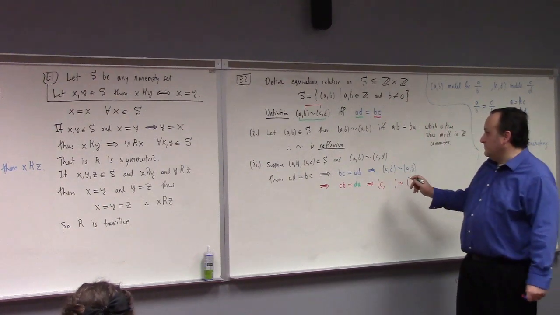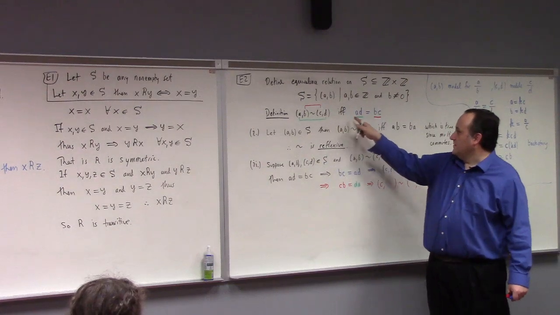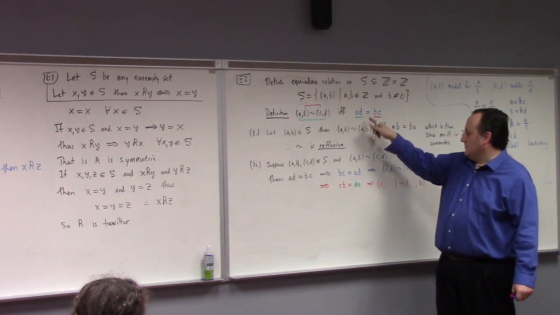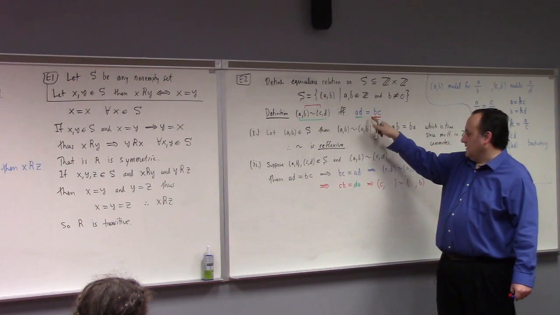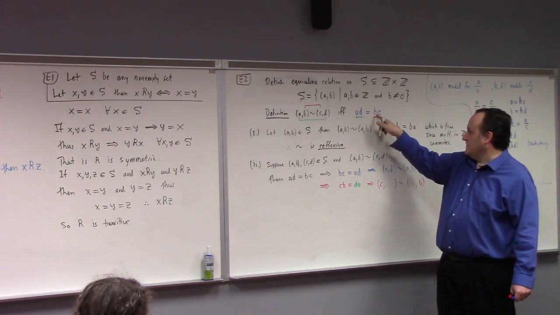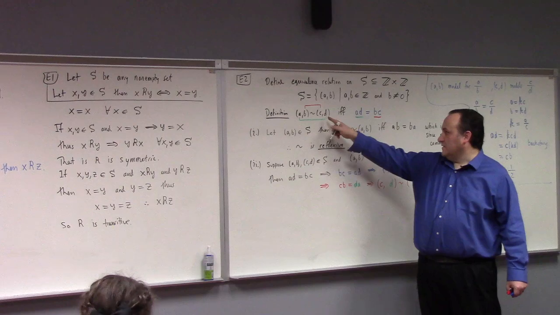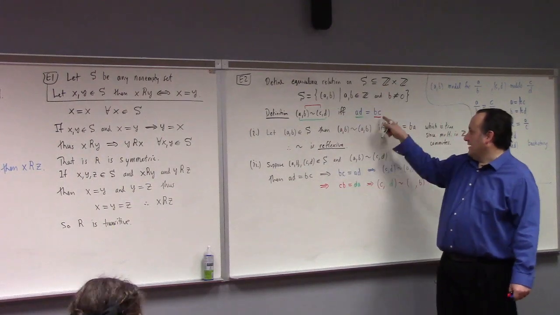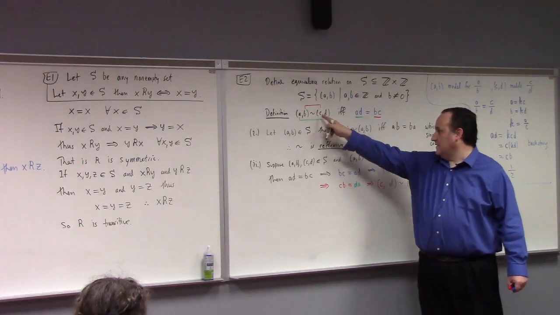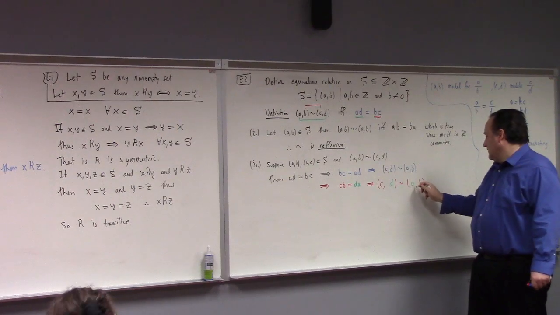Because that would put, according to our definition up here, B is in the D spot, right? So that puts the D here, and A is in the C spot, so that puts the C here, puts the A here.